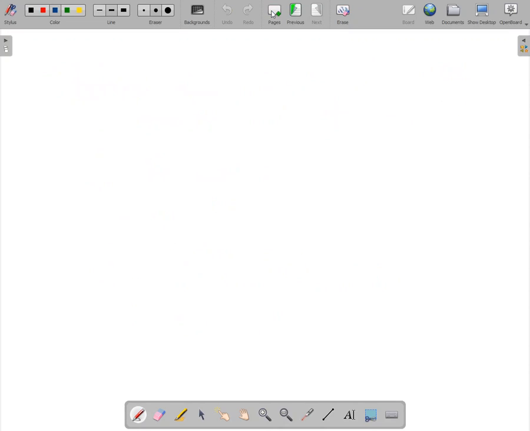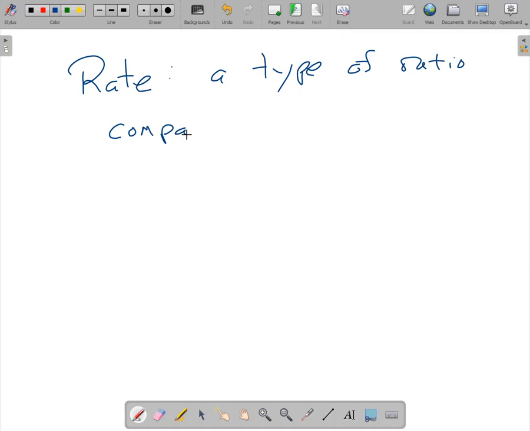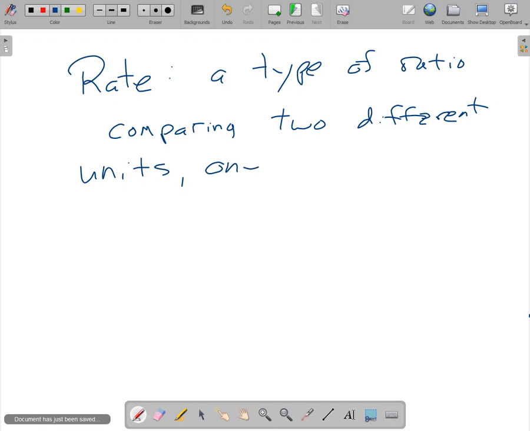So a type of ratio is a rate. And a rate usually compares two different units, one of which is usually time.